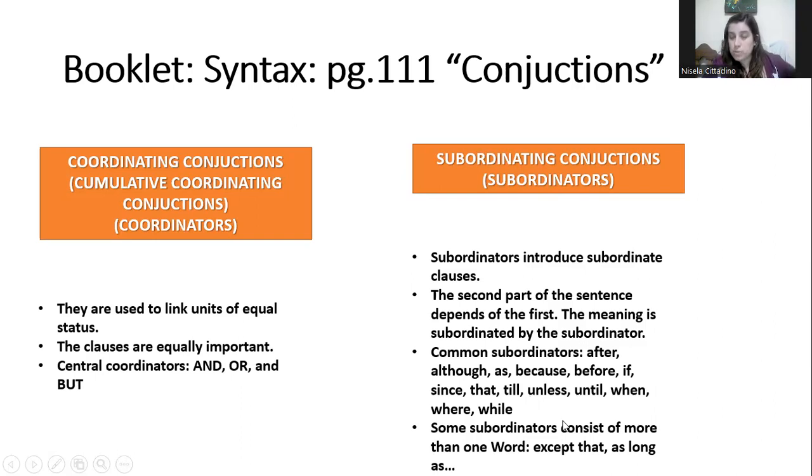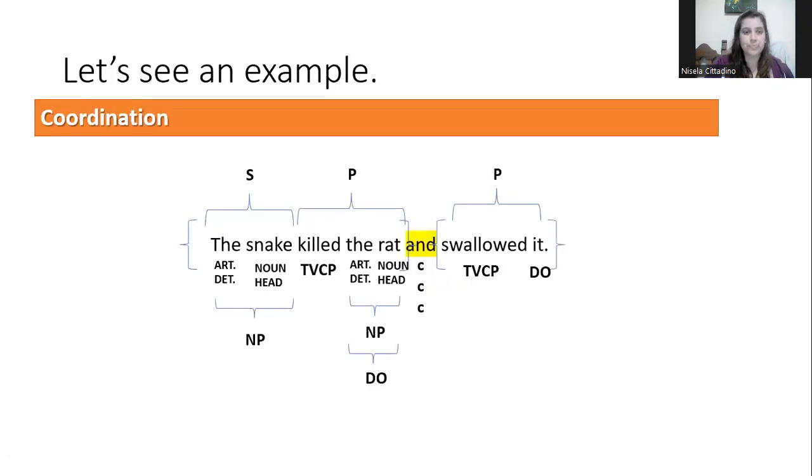Some subordinators consist of more than one word, like except that, as long as. Now we're going to see an example of a coordinating conjunction, and then an example of a subordinating conjunction, and how we should analyze them in a sentence.